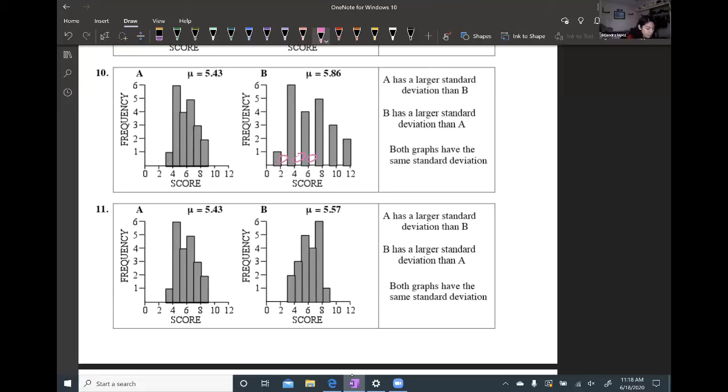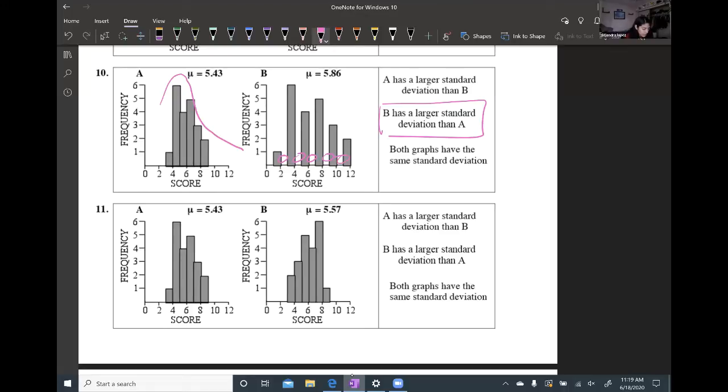These gaps will spread it out even more, so this will have a larger standard deviation, B. And if I were to say what shape 10A is, I would probably go with skewed. It looks like the tail is going this way. So skewed right.